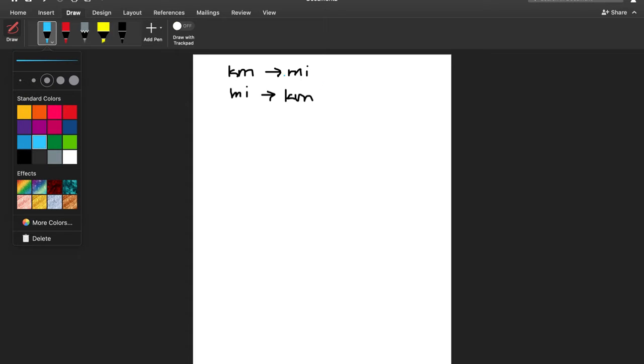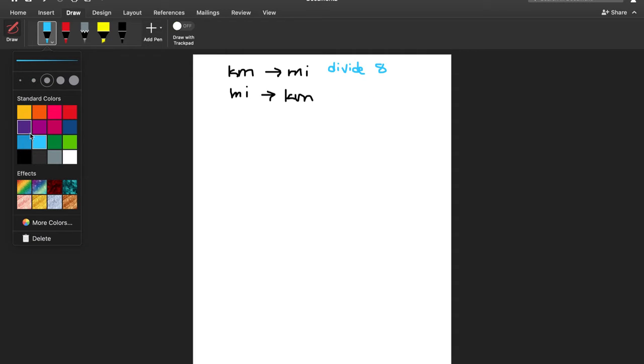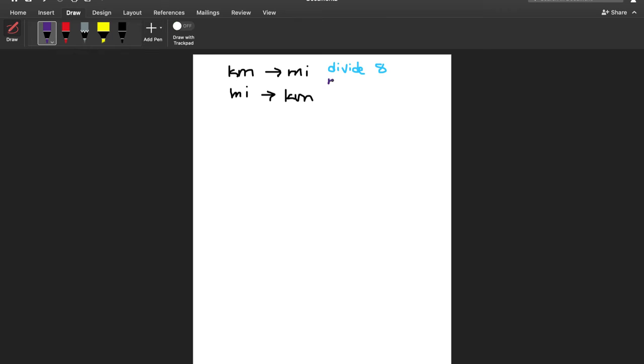You always want to know that to go from kilometers to miles, you're going to divide by 8, and you're going to multiply by 5.